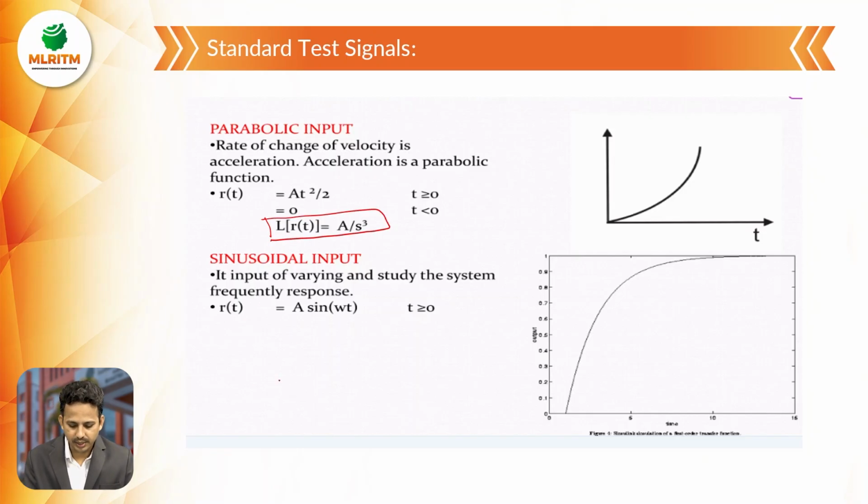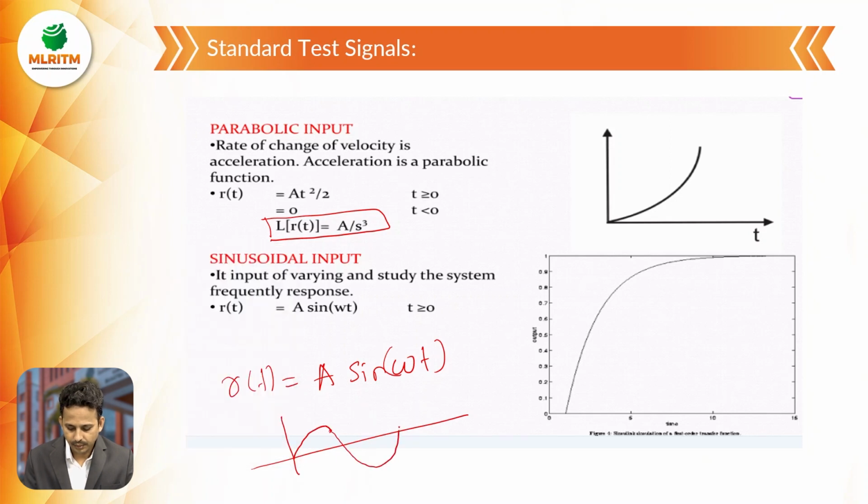Next, a sinusoidal signal, r of t is equal to A into sine omega t. It changes with respect to time. So this is a sinusoidal signal.